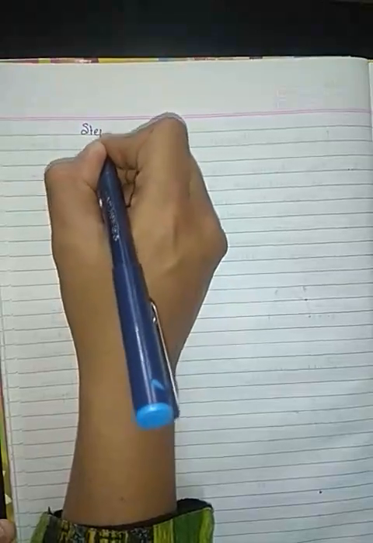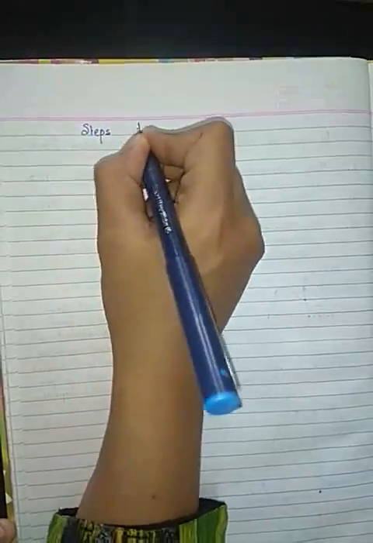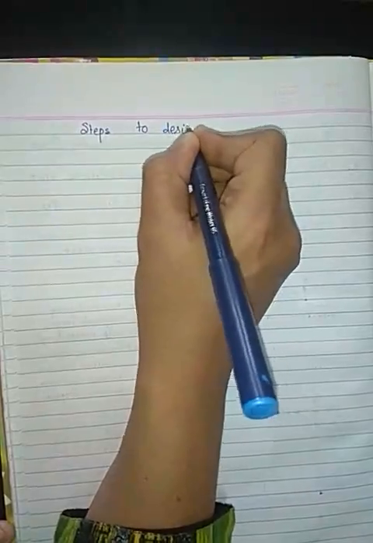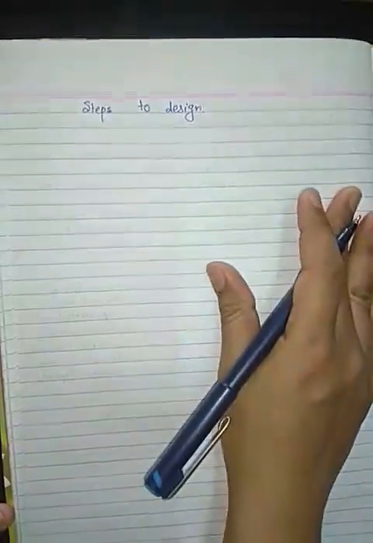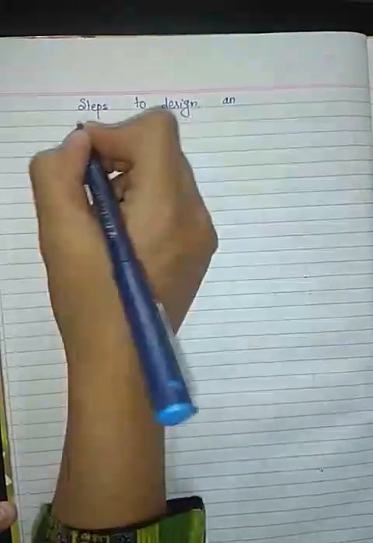Now we are going to see the different steps to design an analog Butterworth low pass filter. So what are the steps to design an analog Butterworth filter?